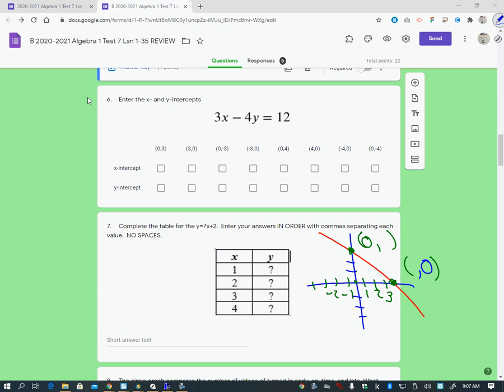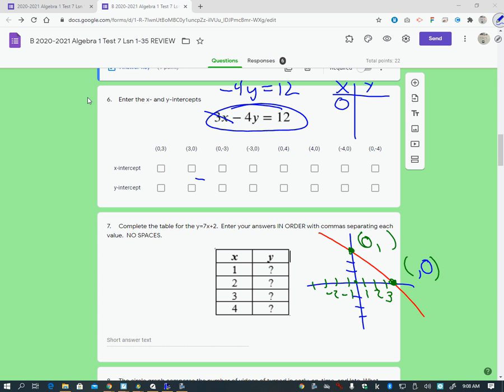So, when I look up here, let's say I want to know what the y-intercept of this equation is. If I want to know what the y-intercept of that equation is, what should I plug in for x? 0. Okay? So what's 3 times 0? Okay? So I have -4y equals 12.